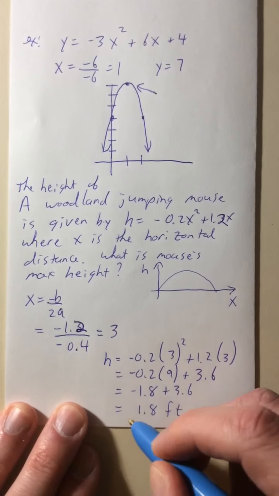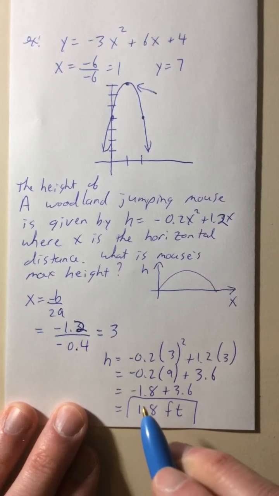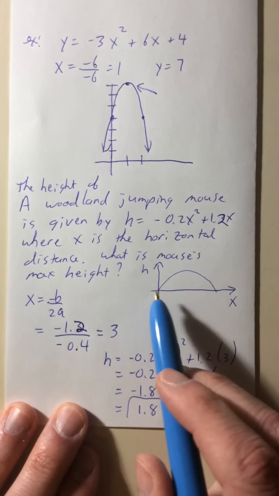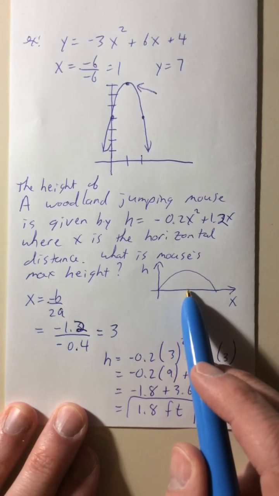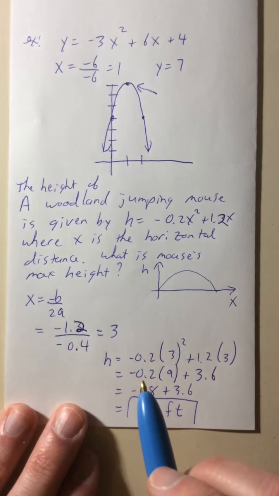So our little guy here has a maximum jumping height of 1.8 feet right there. And that happens when he's jumped from here in this direction 3 feet. So after he's gotten to 3 feet, he's going to be 1.8 feet up in the air. So he's quite a little jumper.